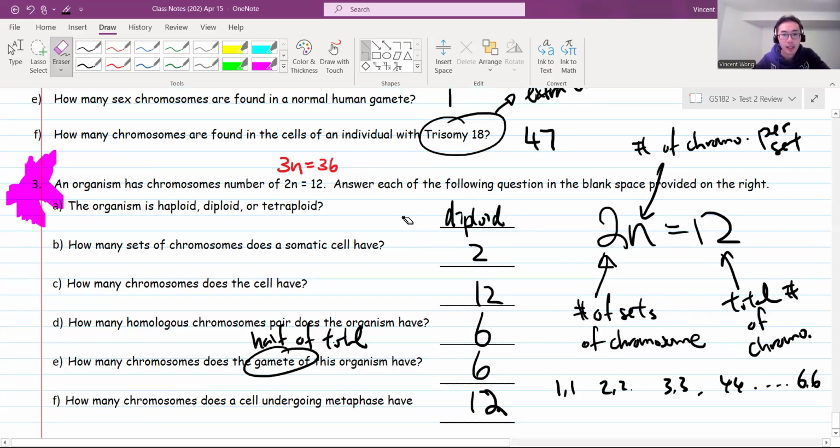Okay, so in this case, it's none of these answers, but 3 sets is triploid.